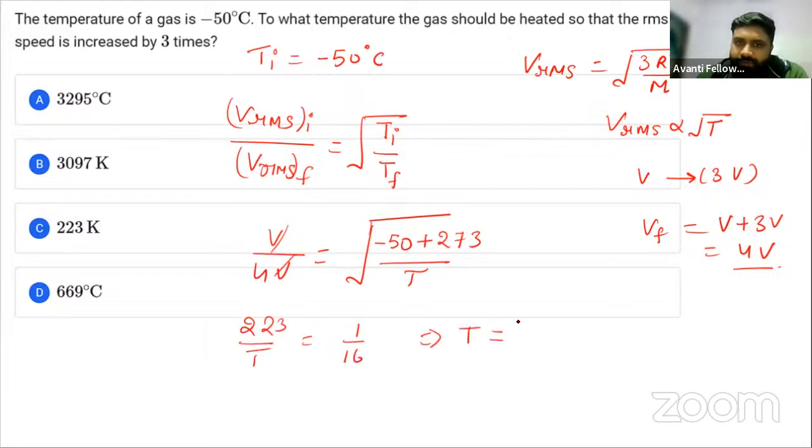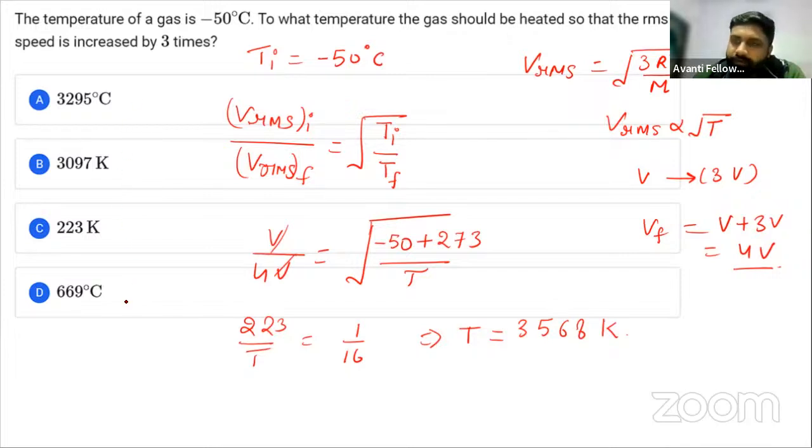Now if you multiply this, it will become, just a second, it will become 16 into 3568. 3568.